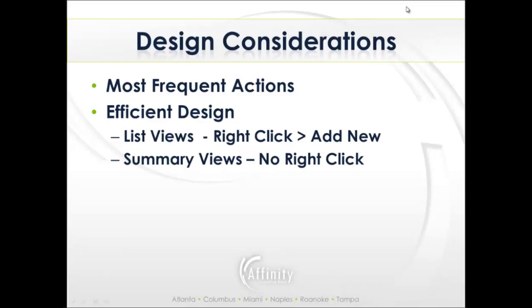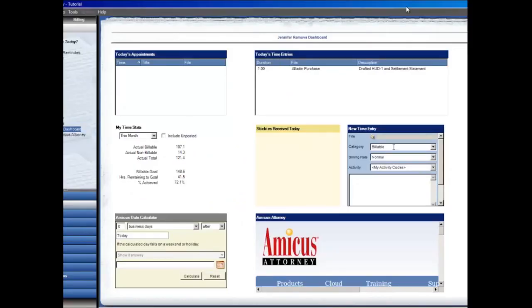Let me show you what I mean by that. I did this on purpose. On my dashboard example, I put in the list of today's time entries, and I also put in the new time entry option on my dashboard.